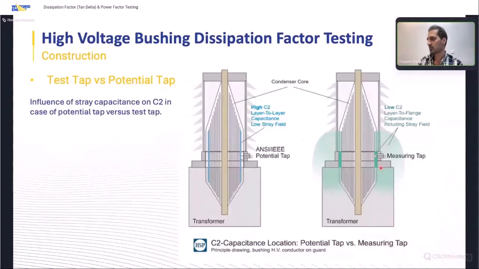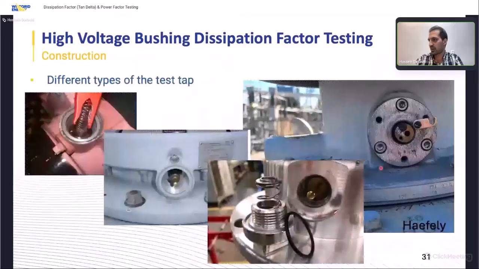But for the potential tab, the value never changes. When we have 1 or 2 nanofarad for the potential tab of the spare bushing, and we install it on a transformer, we will have the same value for the potential tab because stray capacitances don't influence the potential tab. This is one major difference between these two tabs.